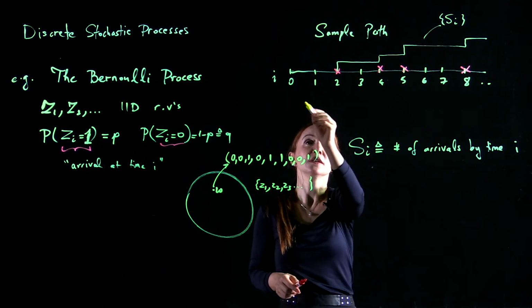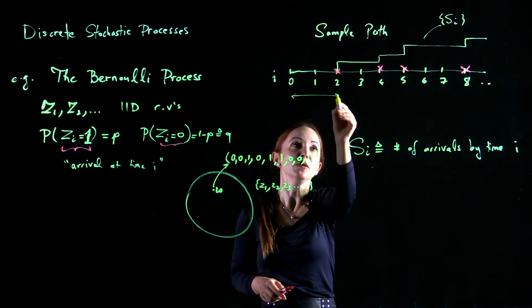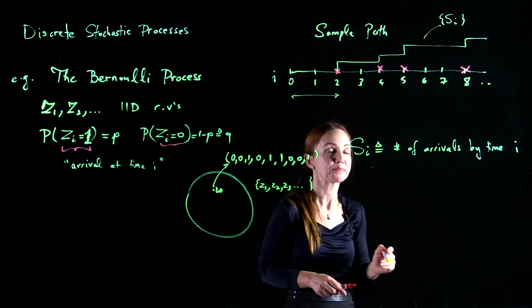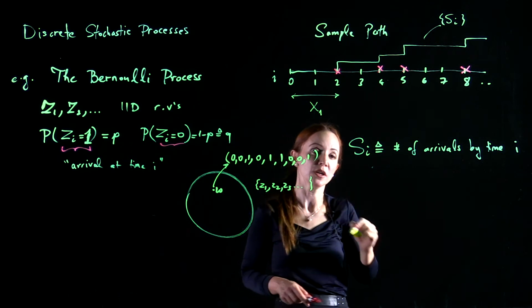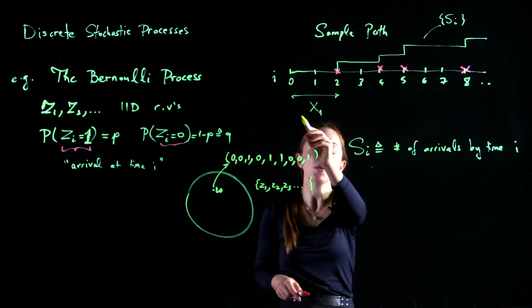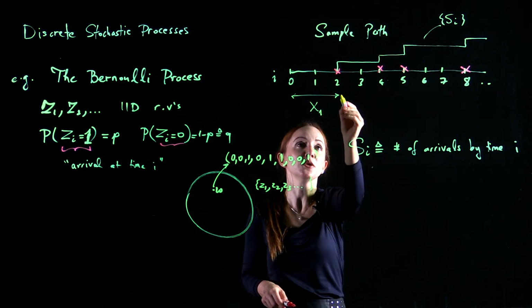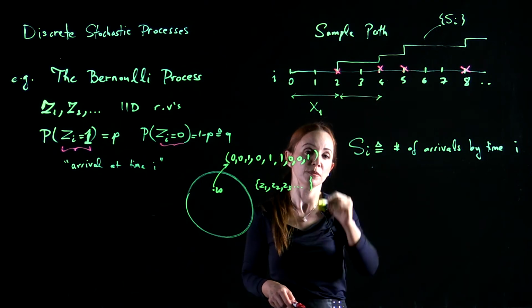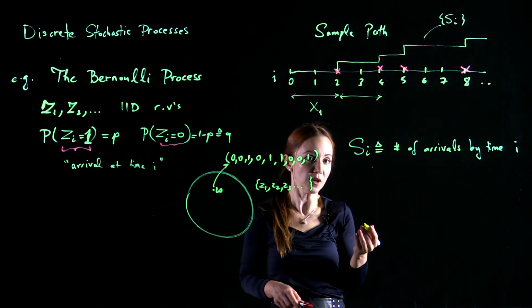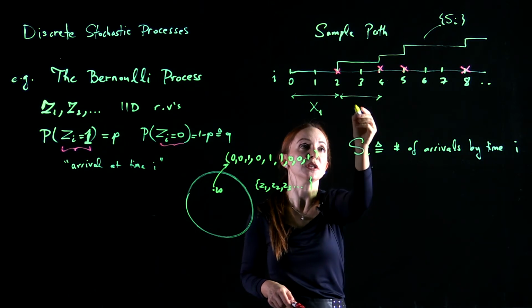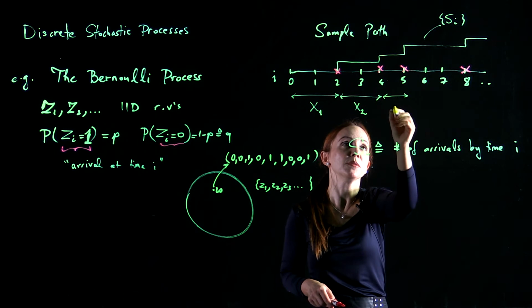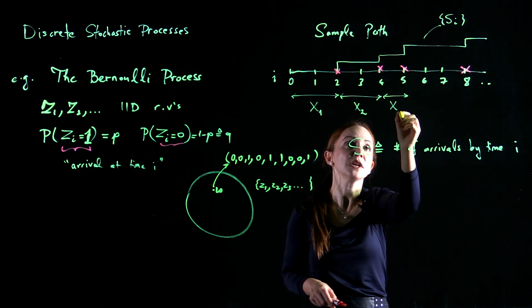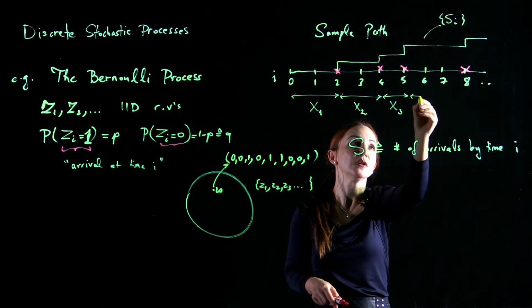In this example, the first inter-arrival time is by definition the time from 0 up to the first arrival. The second inter-arrival time is the time, of course integer valued, between the first and second arrivals. And the third inter-arrival time is the time from the second to the third, etc.